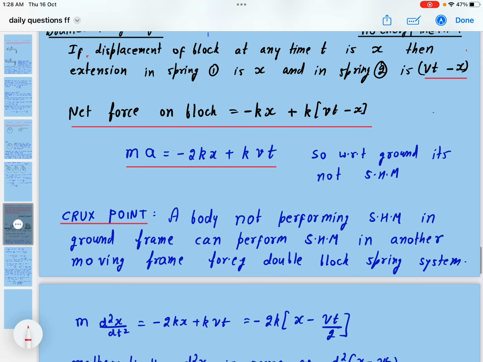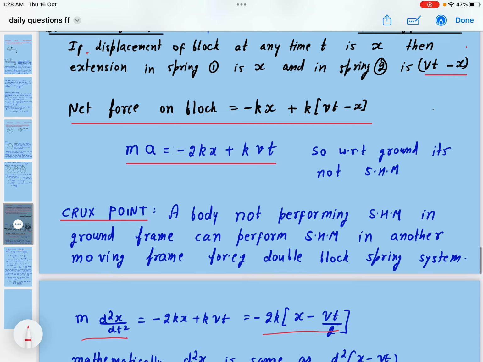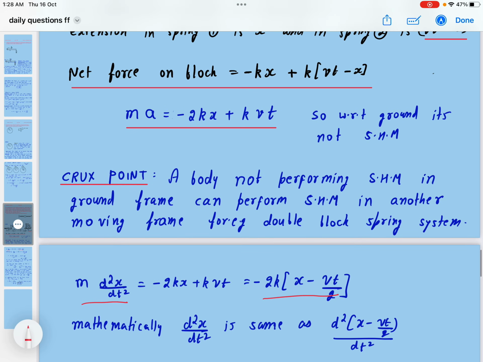Now I am trying to modify the equation, and the modification we are doing in a very beautiful manner. First I am writing the equation taking 2k outside. Mathematically, d square x by dt square is the same as d square of (x minus vt by 2), because vt by 2 is a linear function.